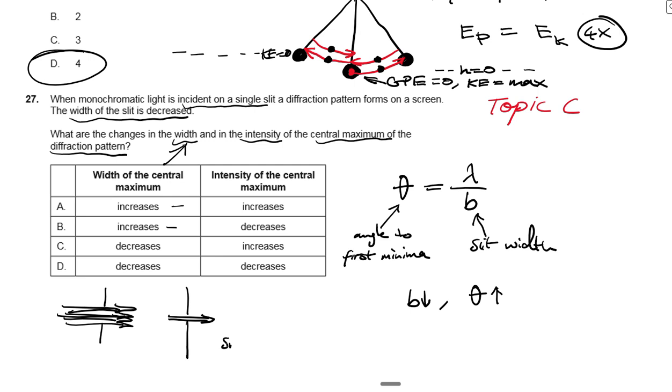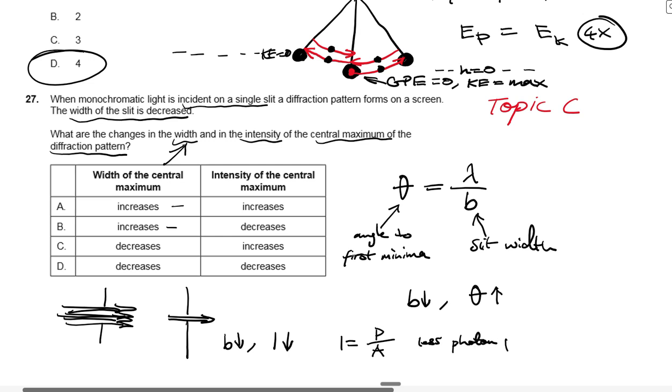So as b decreases, the intensity of the central maximum decreases, because we have less light, and intensity is equal to the power per area, right? And less light just means less power, so fewer photons per unit area. So our central maximum intensity decreases, and we have B.